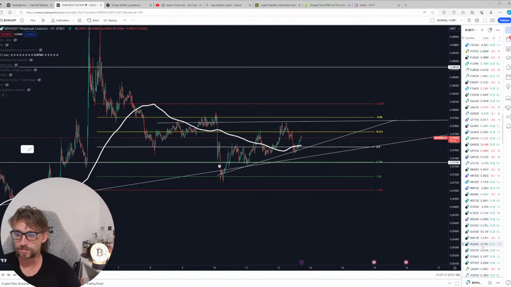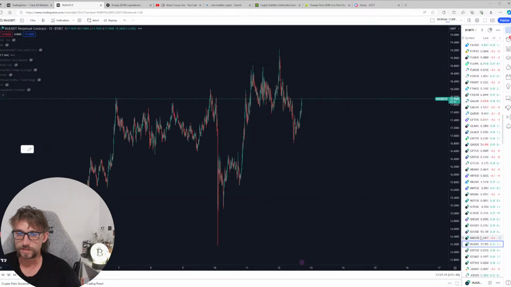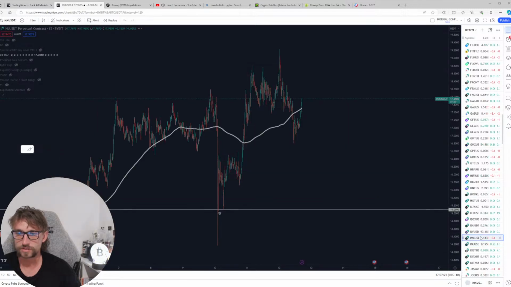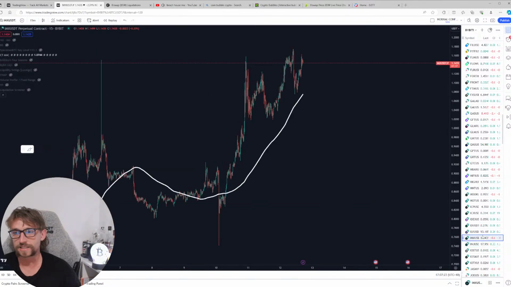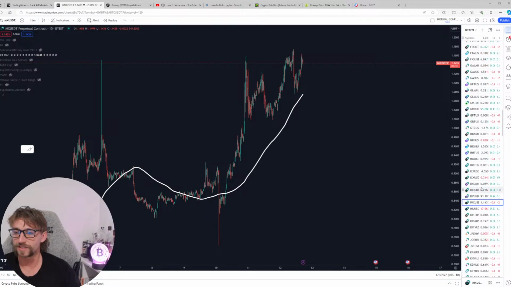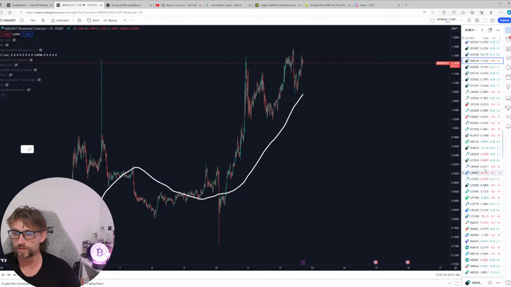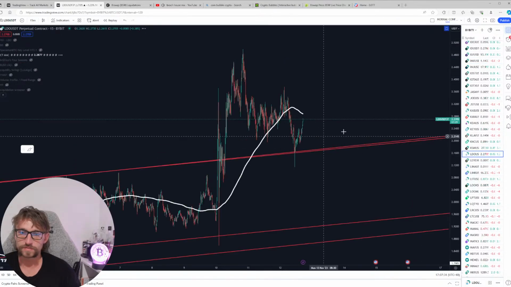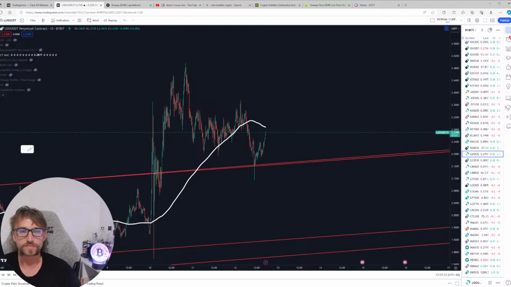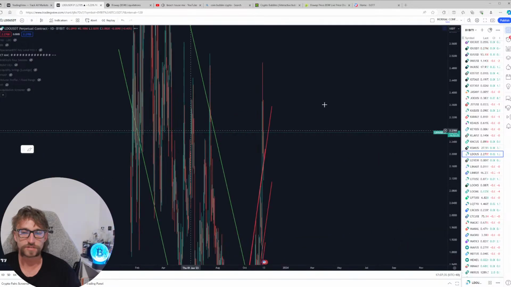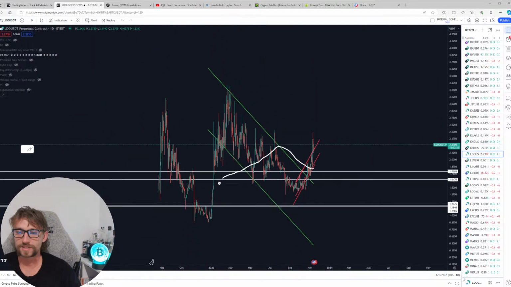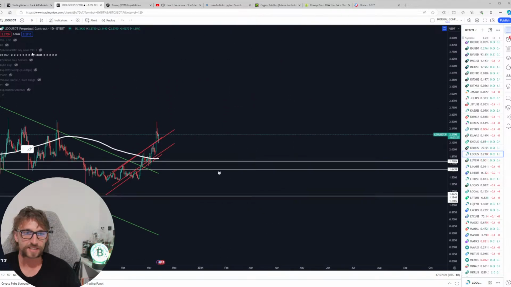So, what's injective? Oof. IMX. Oof, mooning. Check a couple of fucking good ones on the go. LDO. Oh, nice. Oh, it's a 15-minute chart though. Yeah, catch a pullback at this one would be really nice.